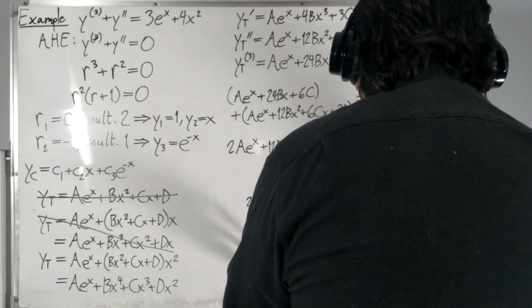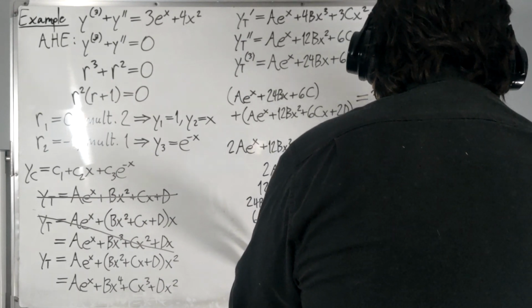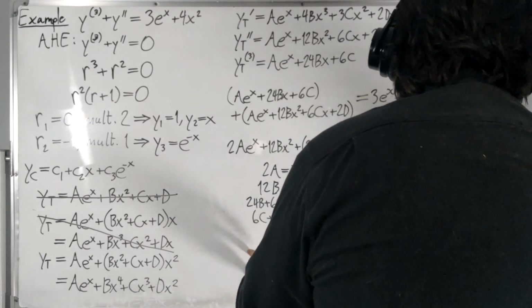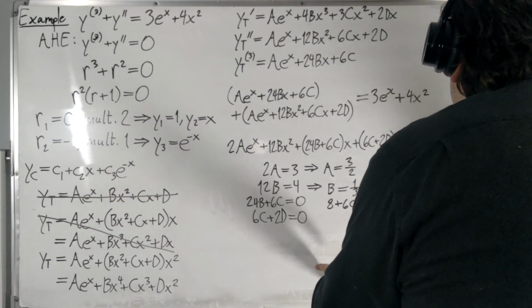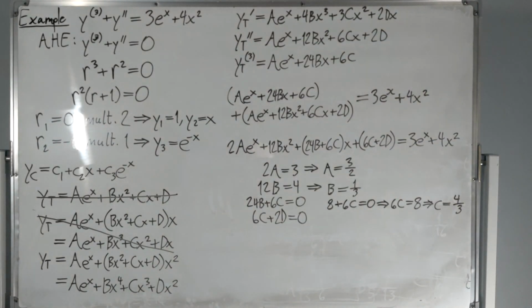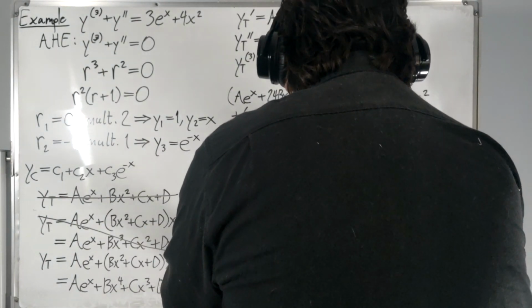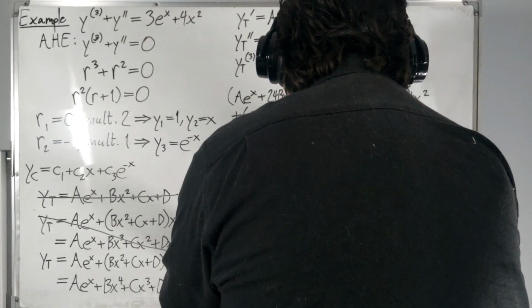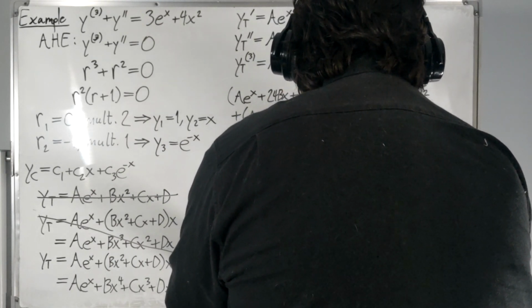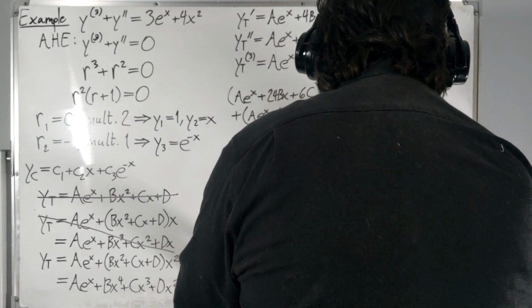Therefore, 6c equals 8. Therefore, c equals 4/3. And if c is 4/3, then 6 times 4/3 would be 8. So 8 plus 2d equals 0. That makes it pretty clear that d is -4.